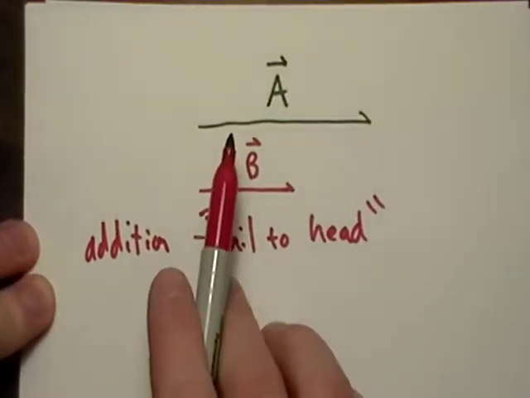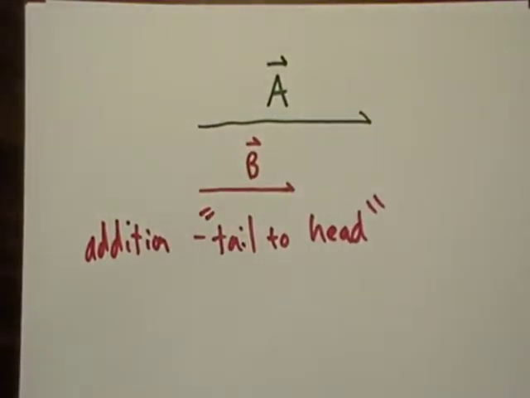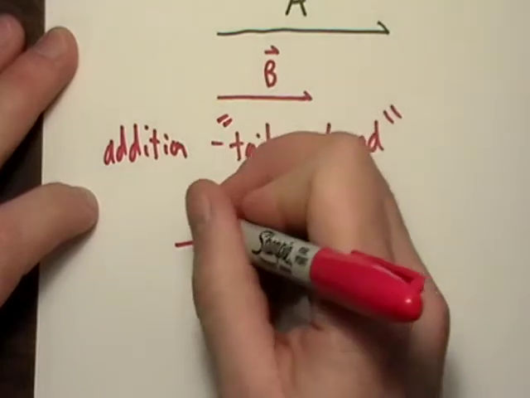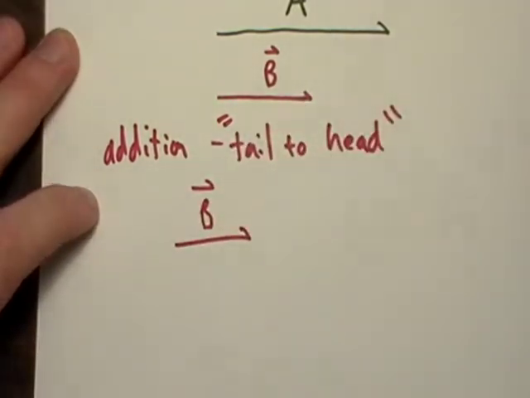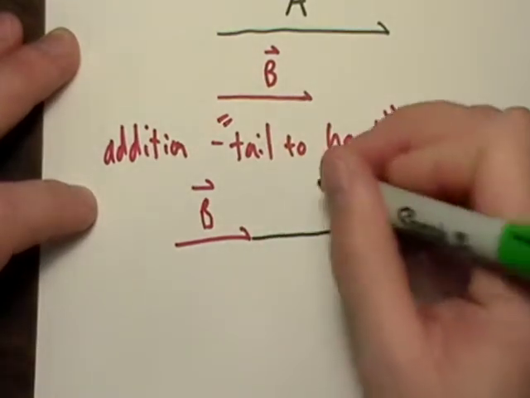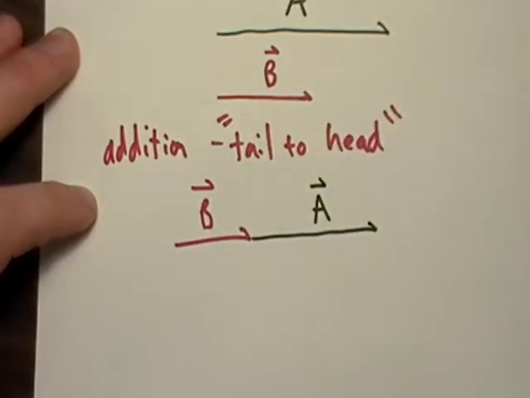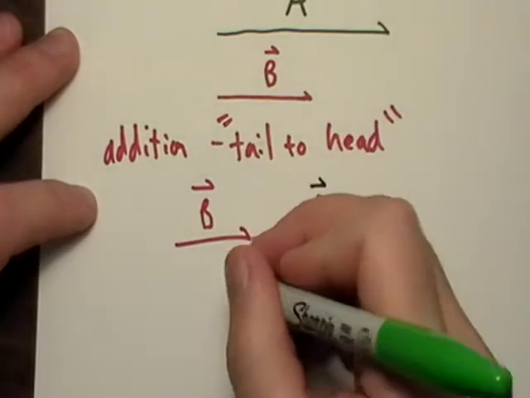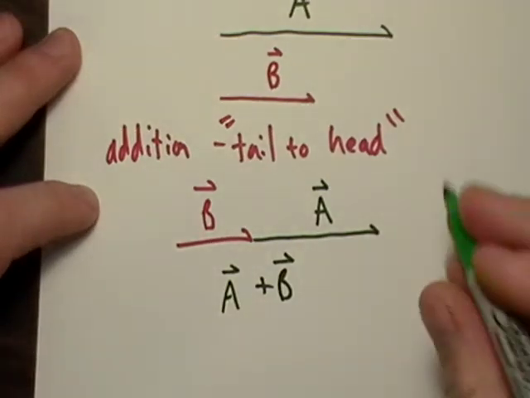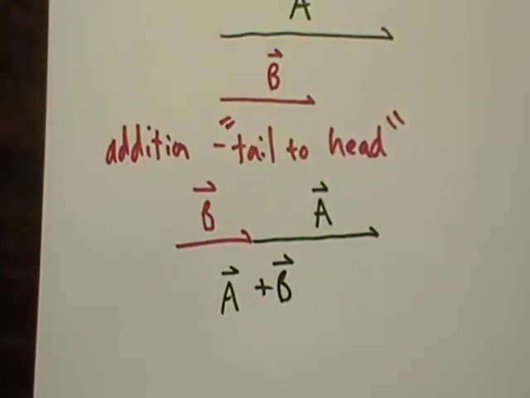So if I wanted to add vector A to vector B, it would look like this. Remember, I'm going to add A to B. So I have B and I'm going to add A, and that is equal to vector A plus B. So you can add them and things like that.